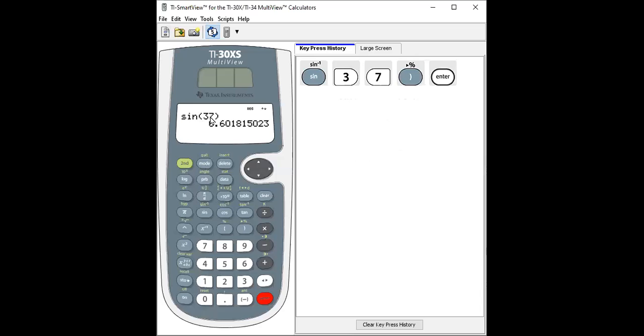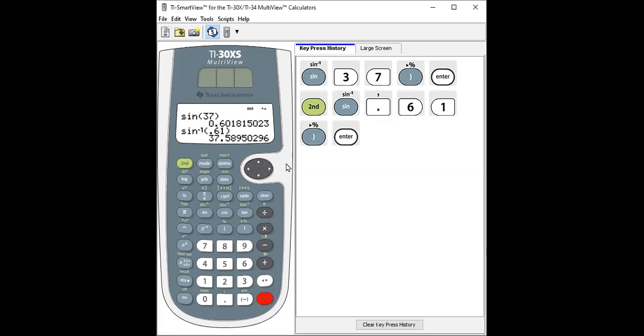So if the sine of 37 degrees is 0.61, the inverse sine of 0.61 should give us 37. Let's figure that out. So second function, to get the green or second level functions of the buttons, sine, you see now we have the inverse. Let's put in our 0.61, and we estimated, so we won't get exactly 37, we will get something very close, and we did.